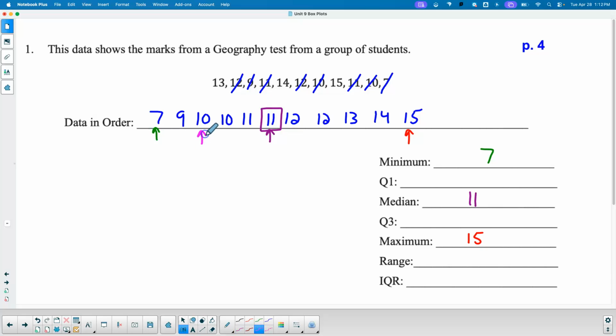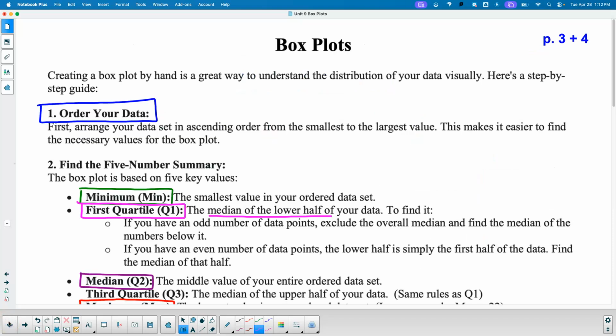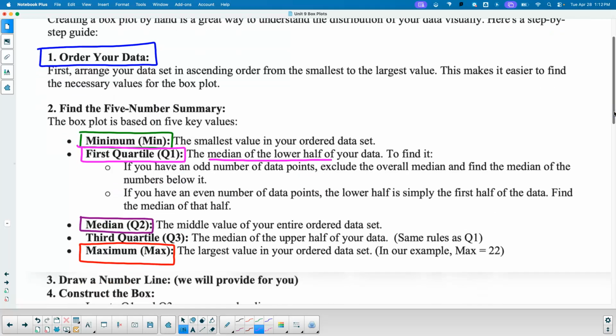So this is going to be my Q1, my first quartile number. My Q3 number is going to be the median of the upper half of our data.